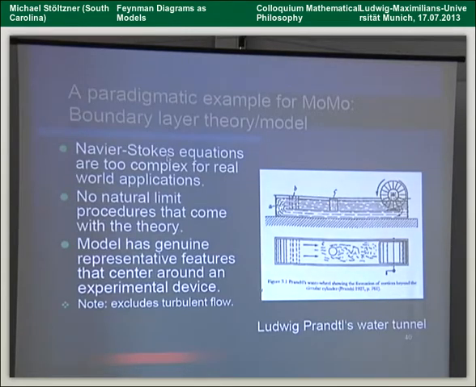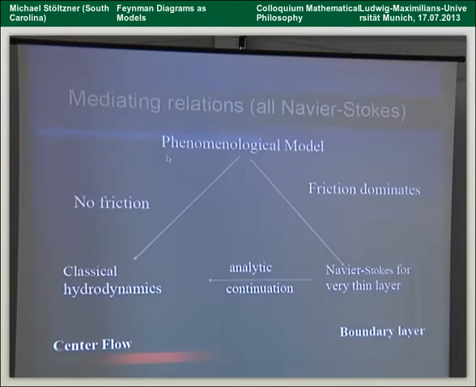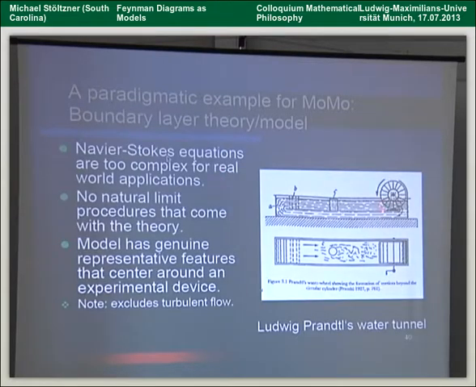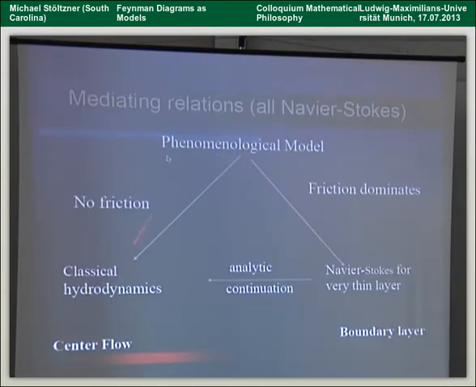Yeah, and that's one of the examples, her beloved example, the boundary layer model, because the Navier-Stokes equations are there, but they are just too complicated to get anything out. So we have the boundary layer conception really as a model in itself that, in this picture here, connects classical hydrodynamics in the middle of the pipe.